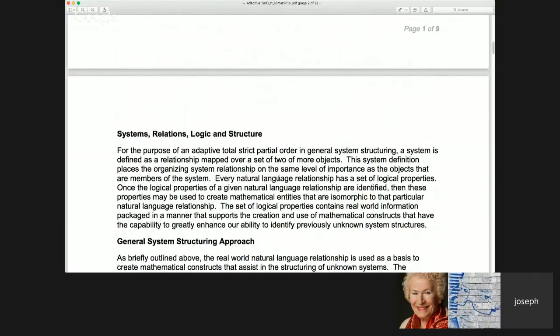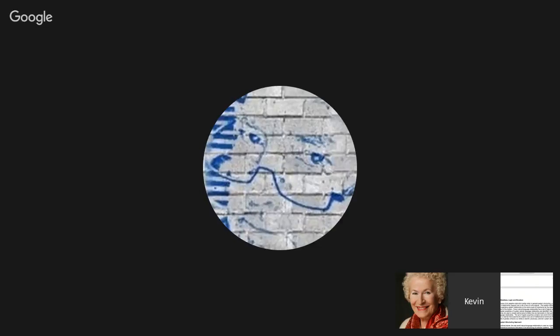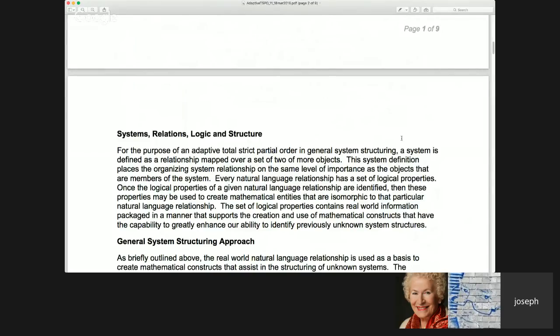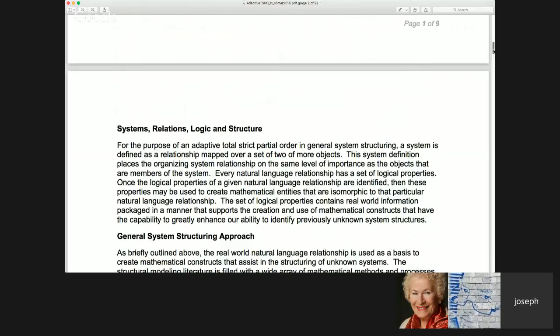I think the primary thing is, if it's truly unknown, your technique and your approach needs to be able to adapt to that unknown type of ordering.